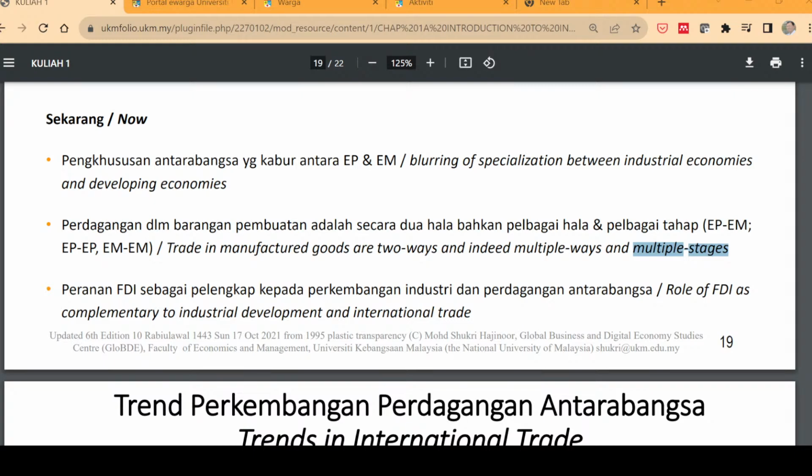International trade vis-a-vis foreign direct investment, or simply FDI.